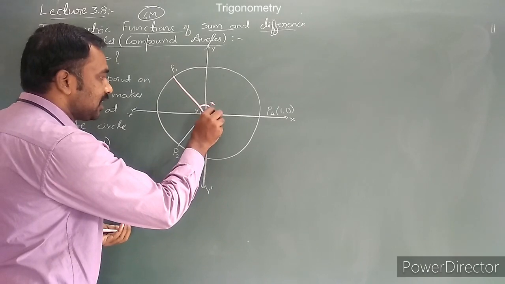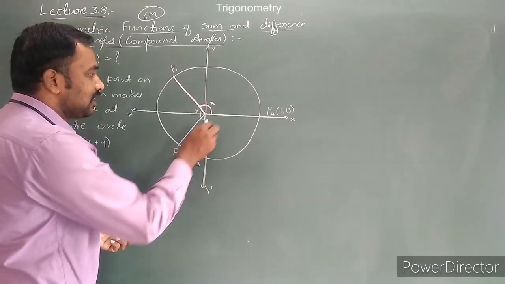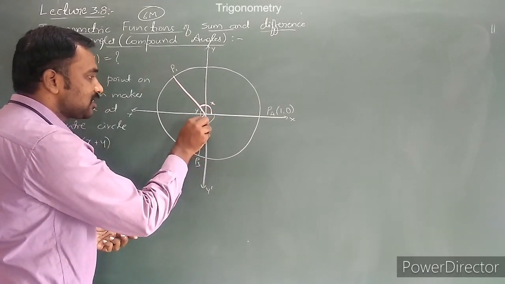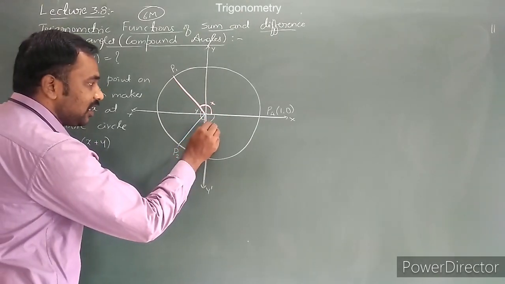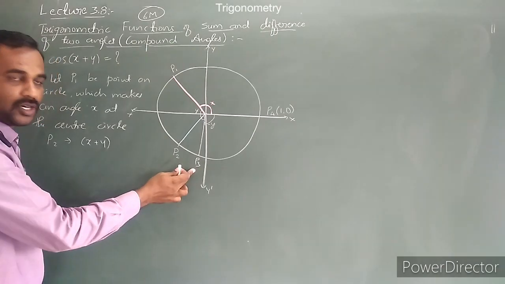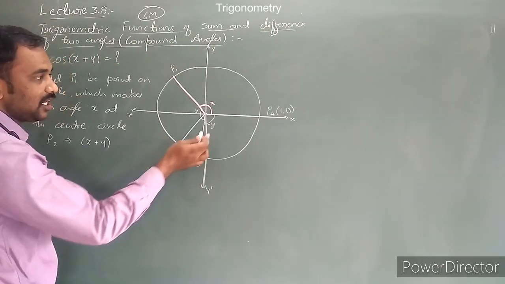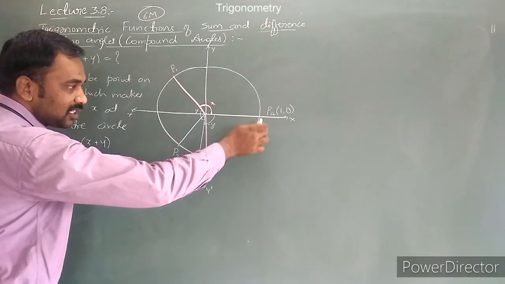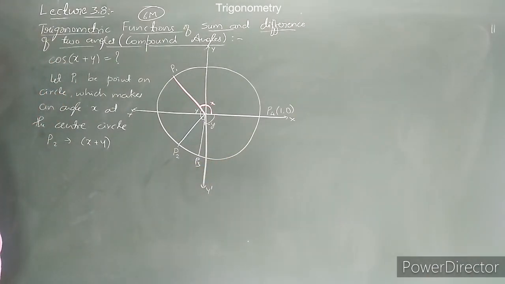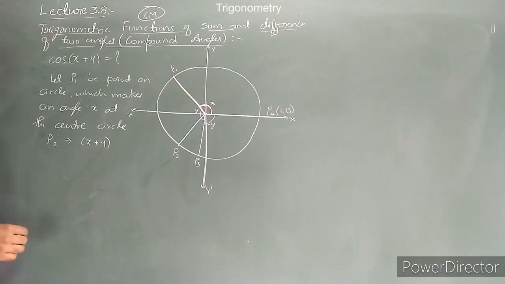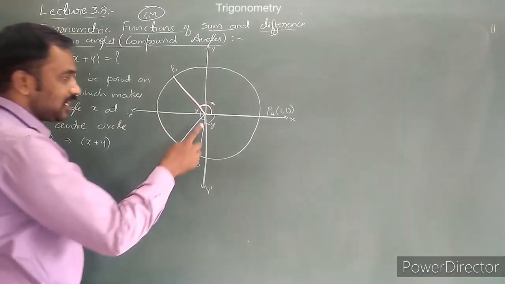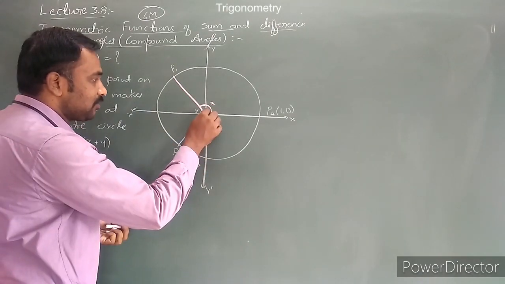Negative direction is nothing but the clockwise direction. Let P3 be another point on the circle which subtends an angle minus y. Minus means I am measuring the angle in the clockwise direction, whereas the first angles were measured in the anti-clockwise direction. Are you clear?